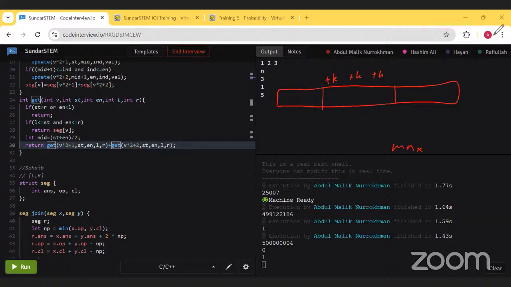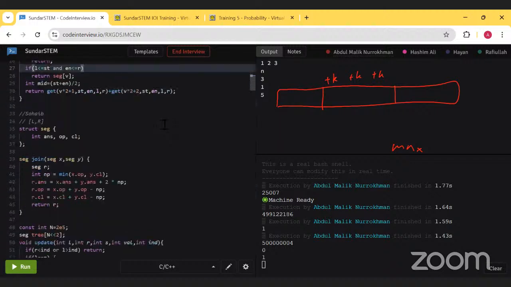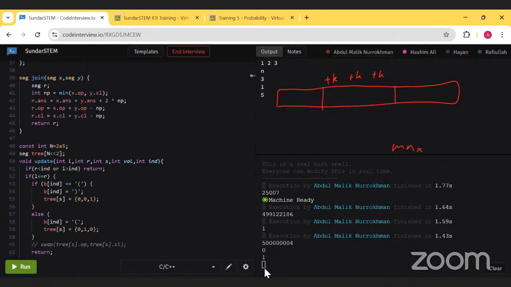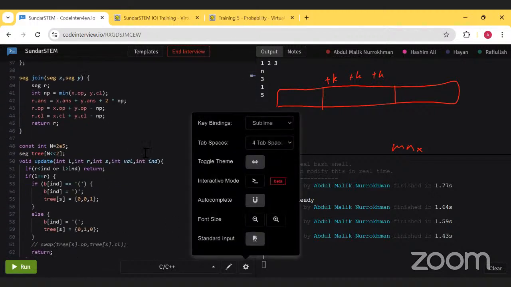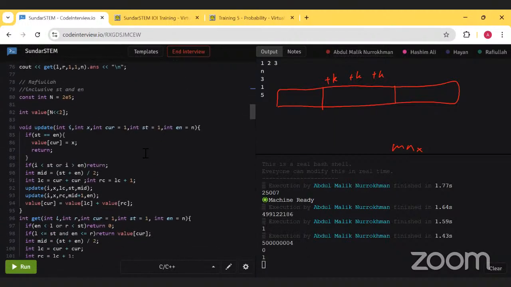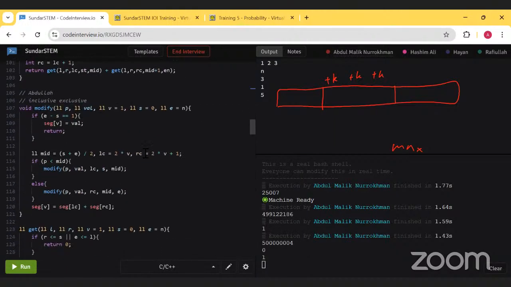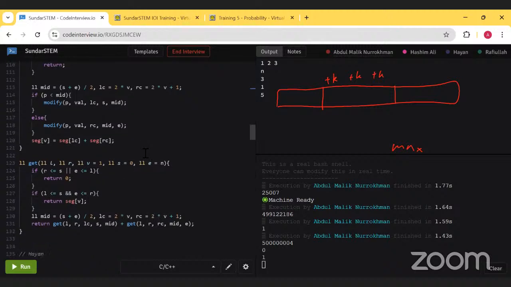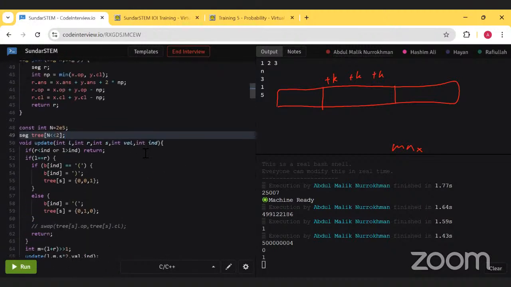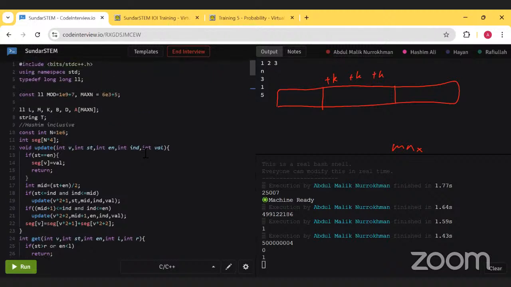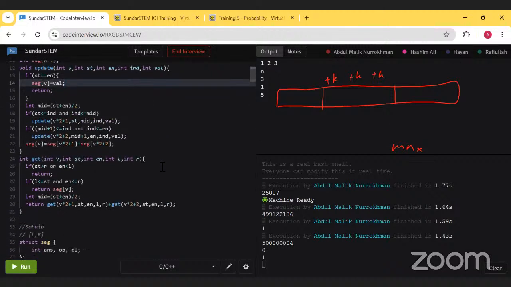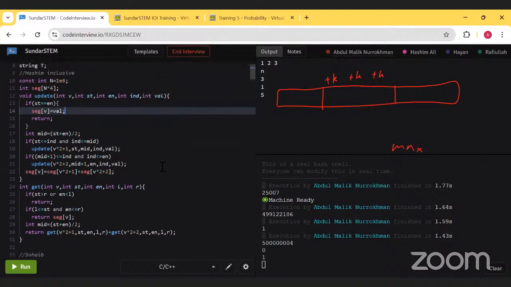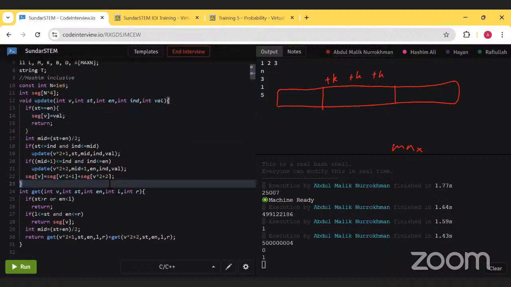Okay, then how to make that lazy update? We can make it like this. Maybe I will use the other implementation. Maybe I will use this.